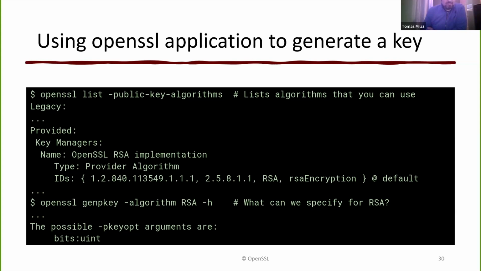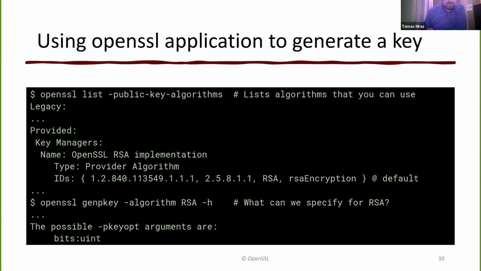In those key managers, we see things like OpenSSL RSA implementation with some IDs. And there is the "at default", which means that this implementation is from the default provider. Those object ID names are not that interesting, but there is RSA, which is like the primary name of the algorithm.